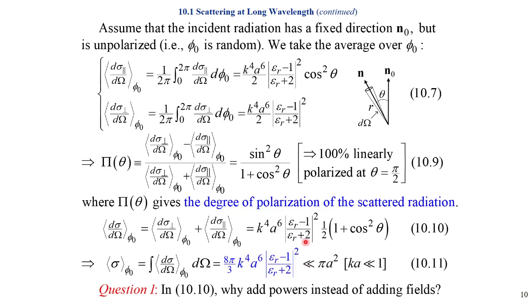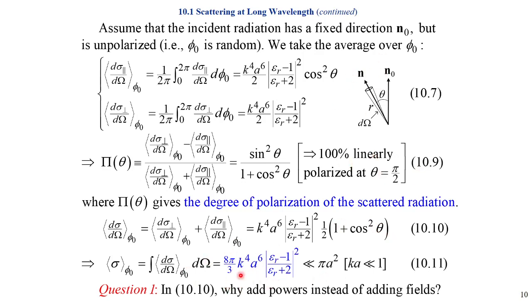Eventually, just average over everything. All the angle, 2 pi, gives us 2 pi. And this one gives us another 1 plus cosine squared theta, from 0 to pi.